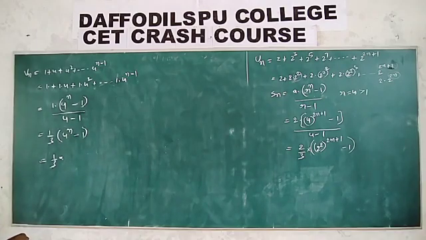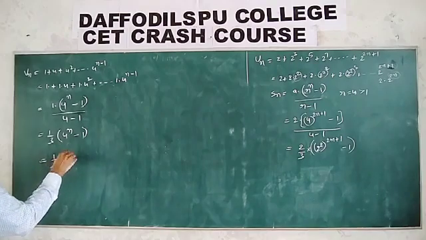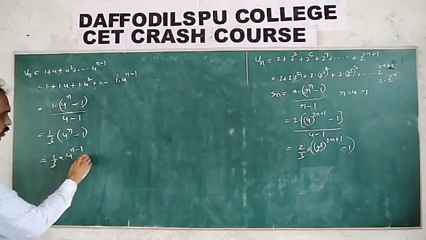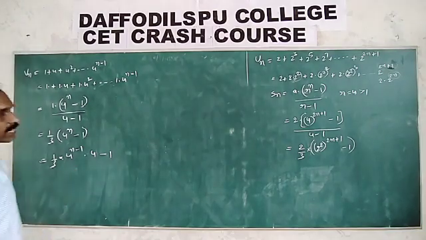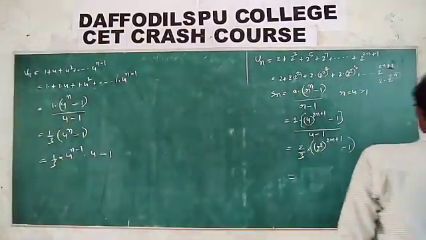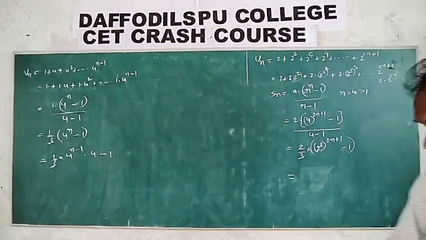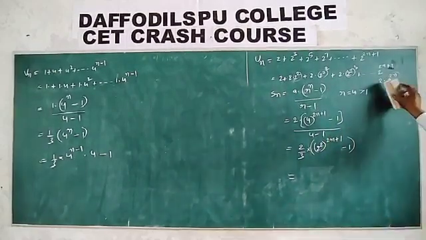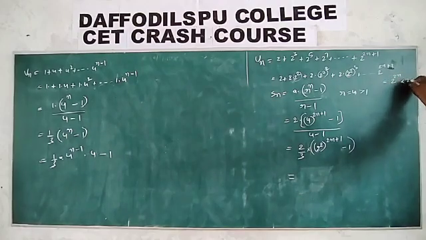This can be written as n minus 1 into 4. Right, the last term can be written as 2 power 2n into 2 square.